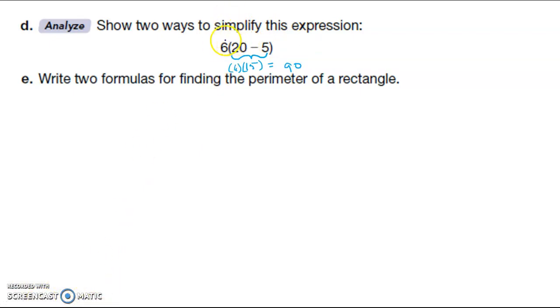I can distribute the 6 like this. So I would have 6 times 20, and my operator here is minus, 6 times 5. So this is going to be 120 minus 30, which is also 90. So you'll see we get the same answer either way.